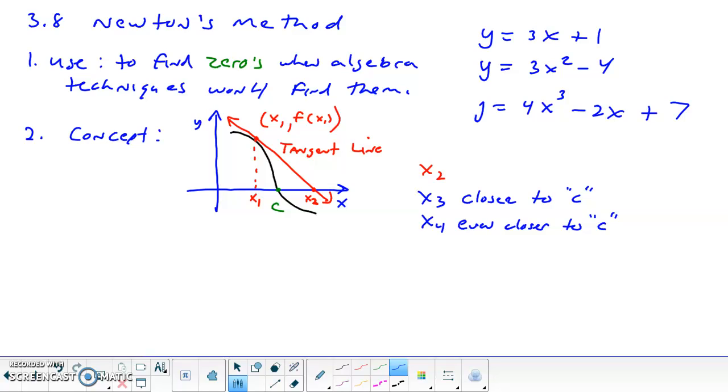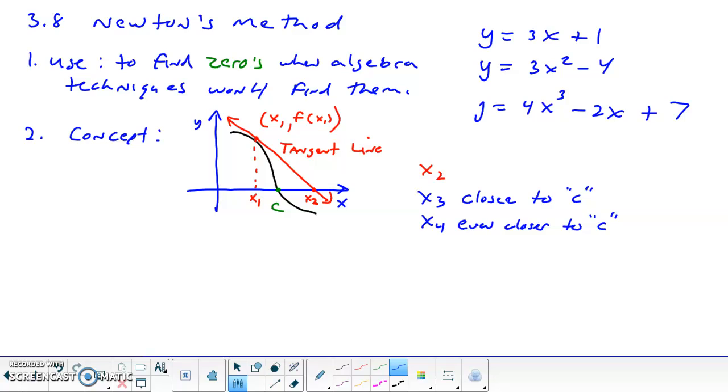Until eventually we get to C. And this is the idea, and this is the concept, and this is what's called Newton's method. And we'll write this in a moment, but these are called iterations. Each successive attempt is an iteration.